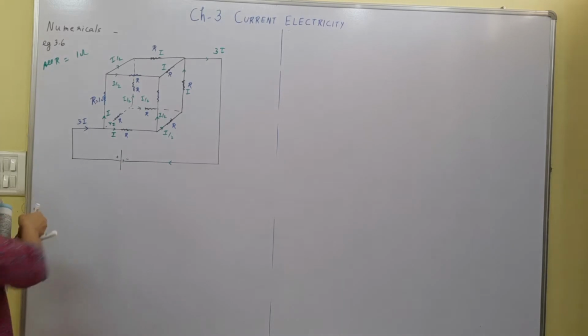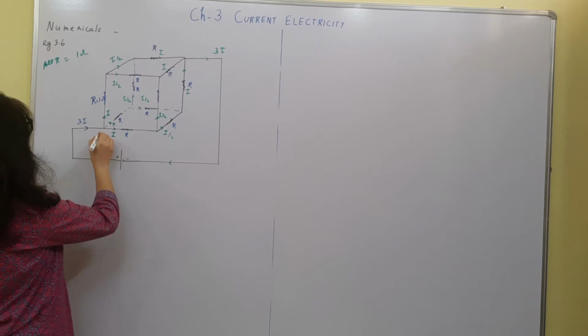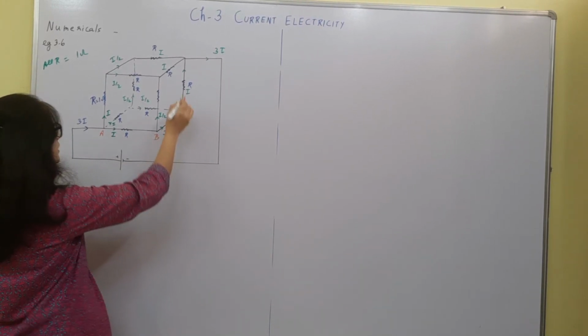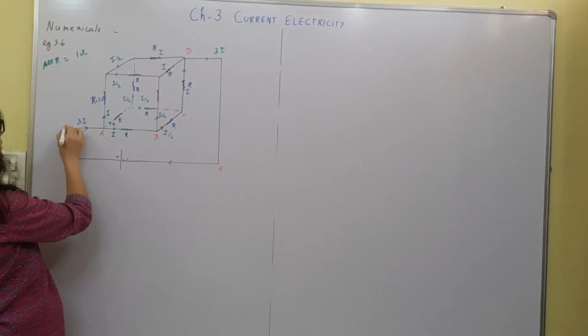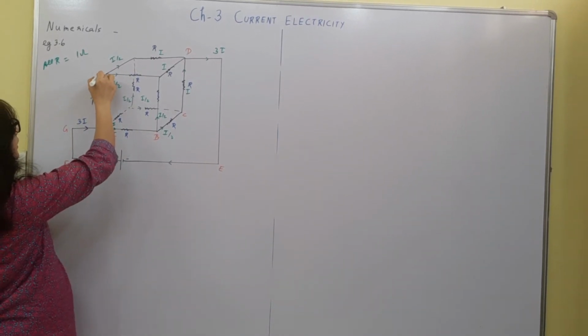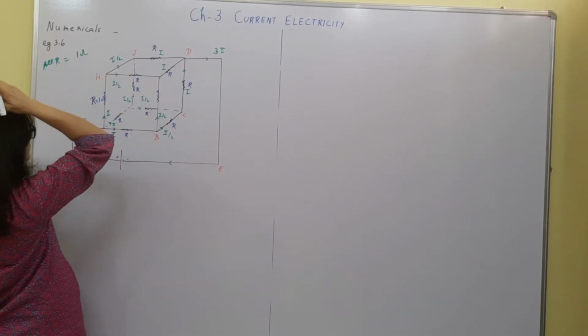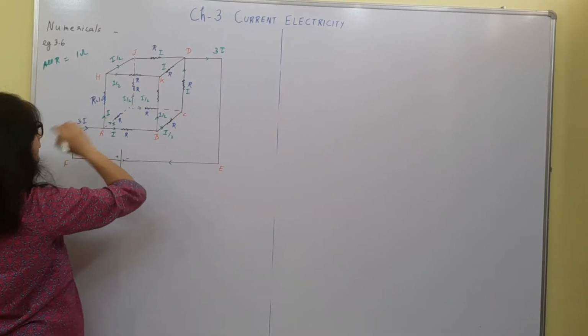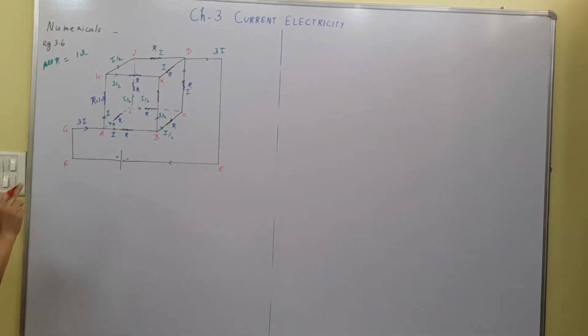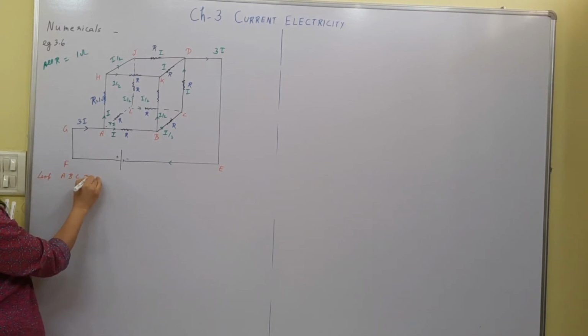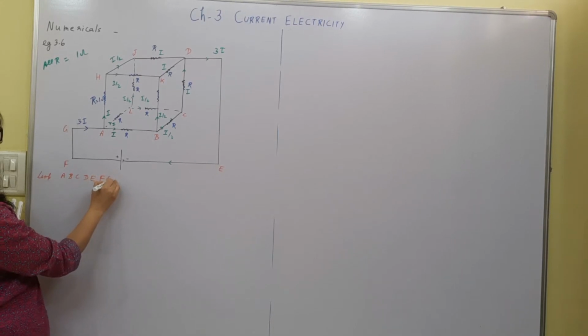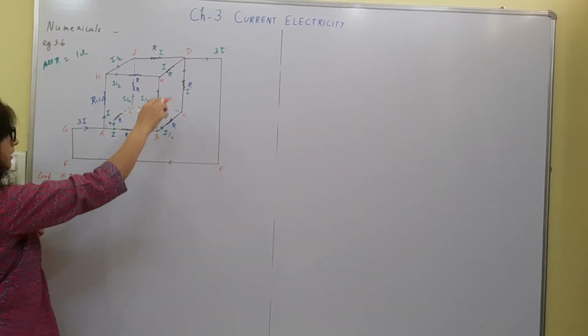Now in this if I mark the different terminals, I can mark A, B, C, D, E, F, G, H, J, K, L. Now I am taking the loop A, B, C, D, E, F, G, A. So this complete loop I am taking.